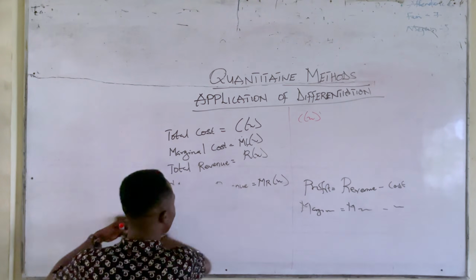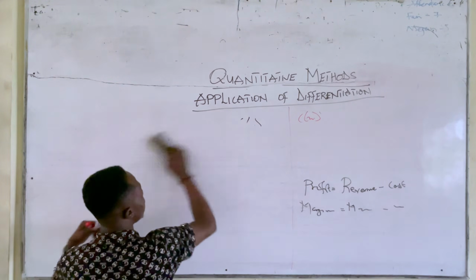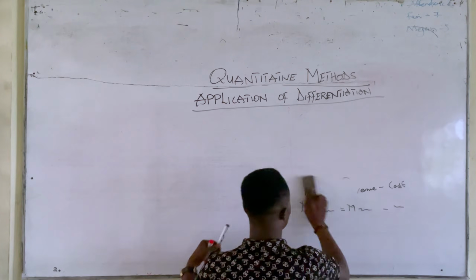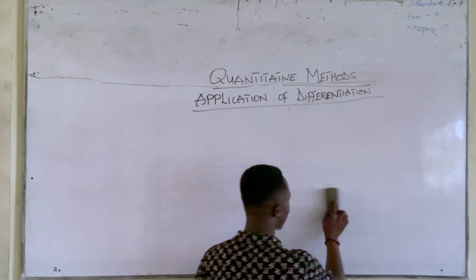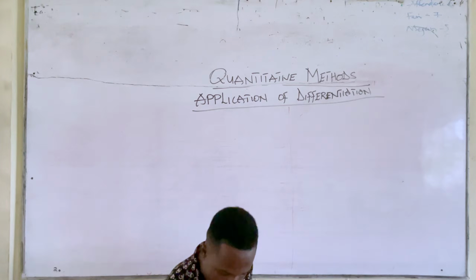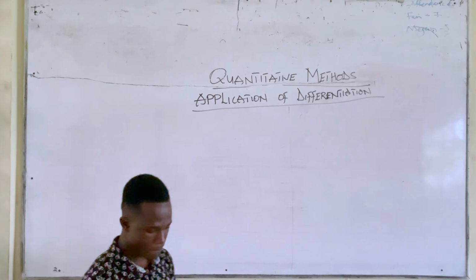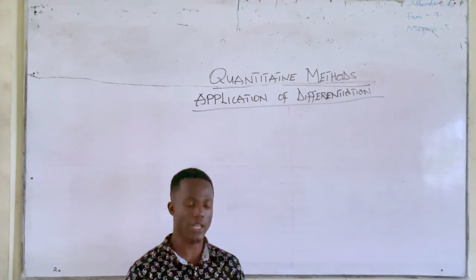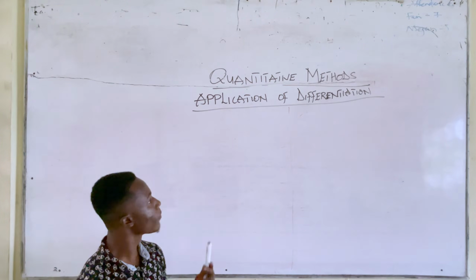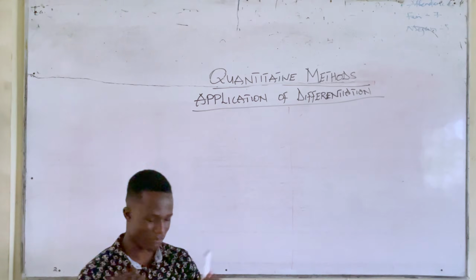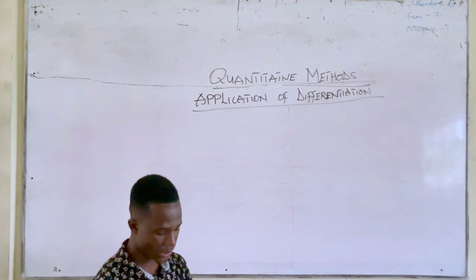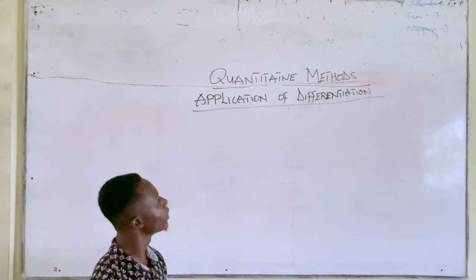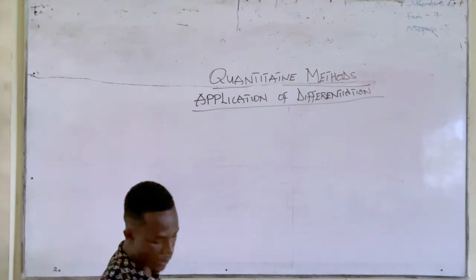Now let's take a question, and we look at how to solve application of differentiation. For the first question, because of time, I would be interested in giving you the functions rather than reading the questions, for one or two reasons.